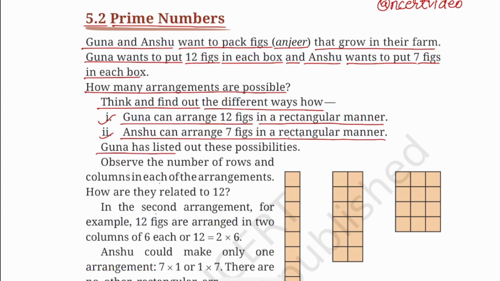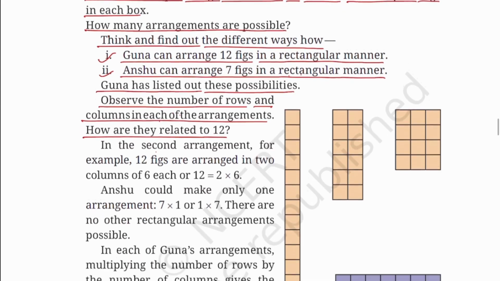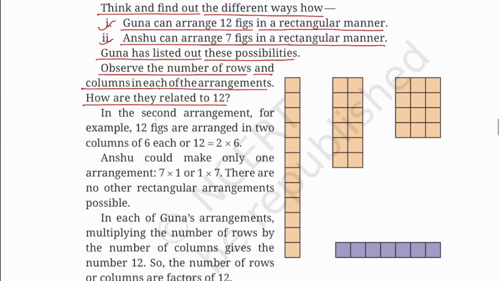Guna has listed out these possibilities. Observe the number of rows and columns in each of the arrangements. How are they related to 12? You can see a column having 12 blank spaces.